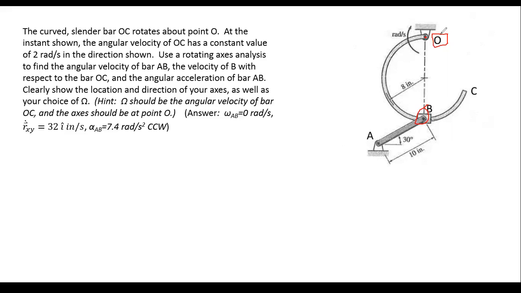And then we also have the omega, which is attached to that circular bar, so we have that omega crossed with R, and that R goes from point O down to B. Does everybody see that? That's V_B equals omega of that bar OC crossed with R from O to B, plus the V_rel, and that V_rel is constrained to just move in the little i hat direction.